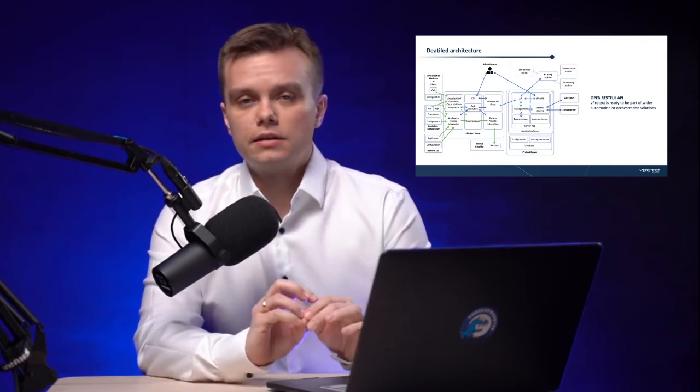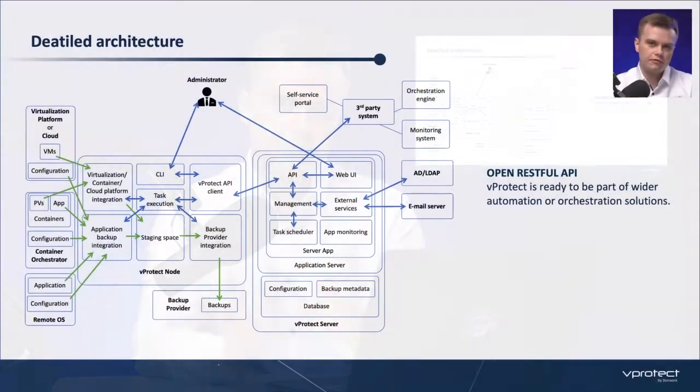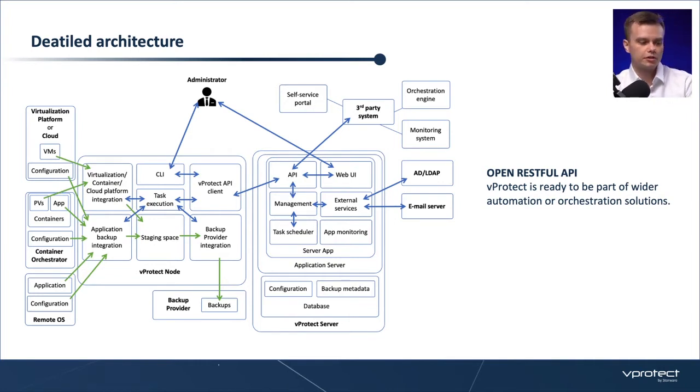In detail, there are actually several workflows behind the scenes. Depending on the source, there are two or three core workflows for data protection. One is obviously the virtualization, container, cloud instance layer. This focuses on the persistent volumes and overall metadata of Kubernetes. The other one is the application backup integration.